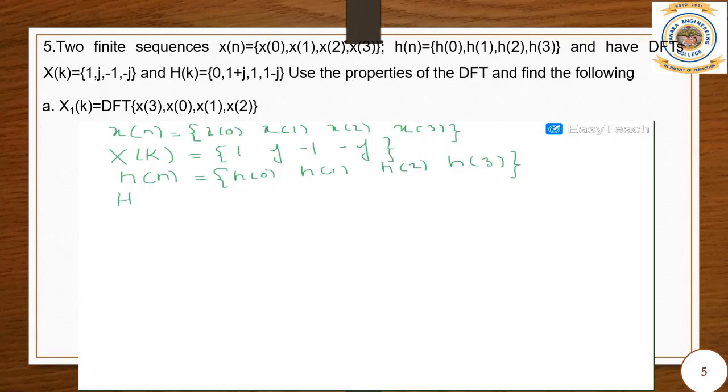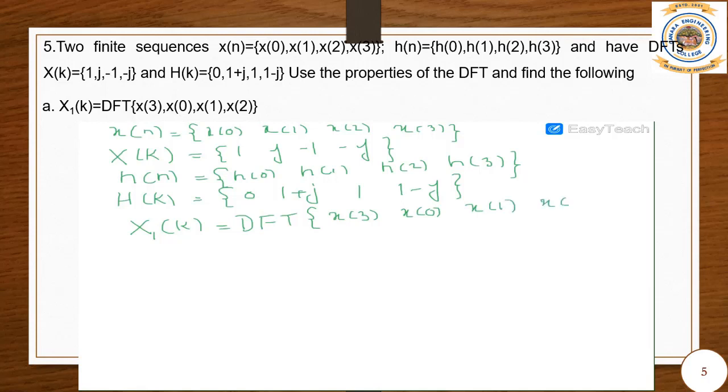Corresponding h of k values are given to us, that is 0, 1 plus j, 1, 1 minus j. We need to find out the DFT of x of 3, x of 0, x of 1, x of 2.